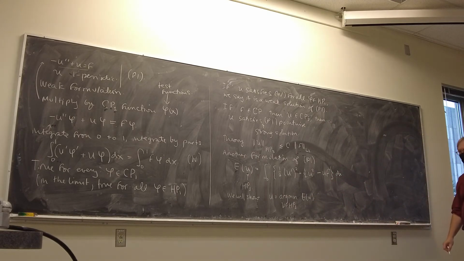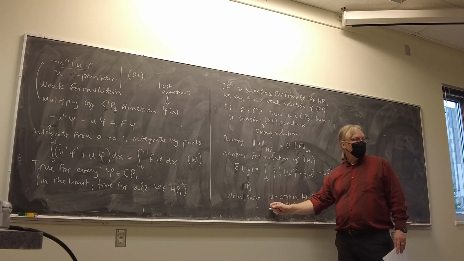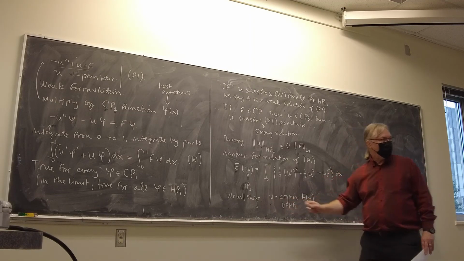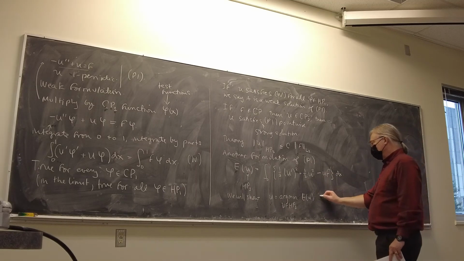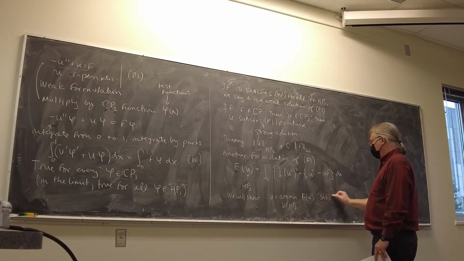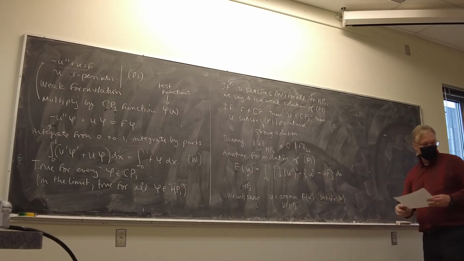So there's a minimum value of E, and this u is the u that gives you the minimum value of E. That's what that says. So we will show that this satisfies W. Okay?